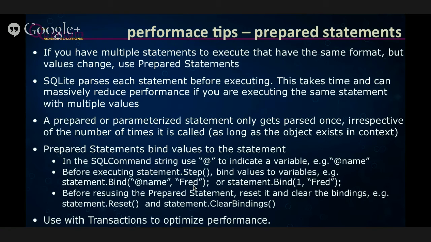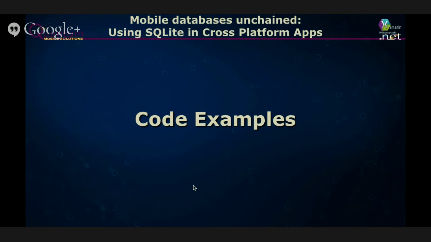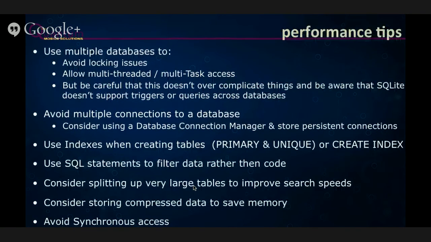Again, it's not good for maintainability. You want to be able to say, I know the variable name, I can guarantee where it's going. So when you use prepared statements with transactions, you're going to optimize the performance of your inserts and things like that. We don't need the code examples. We went through them already. You'll be very pleased to hear.